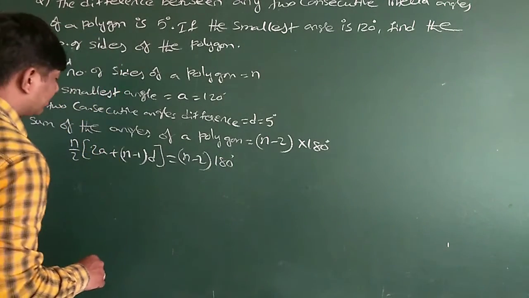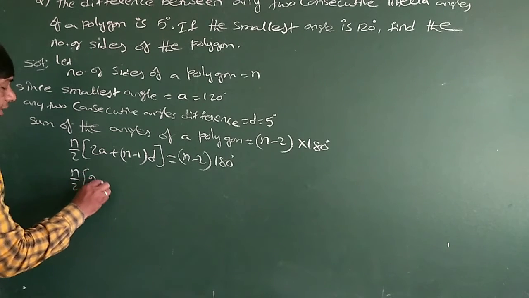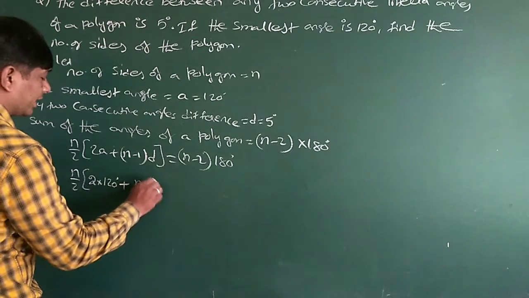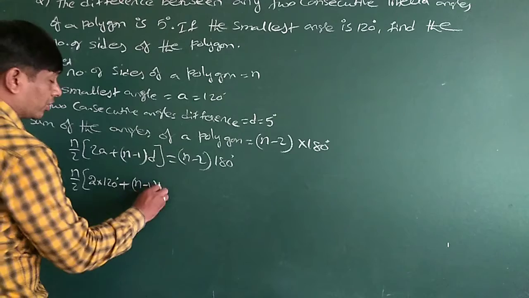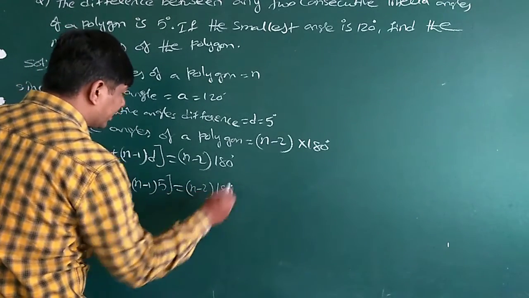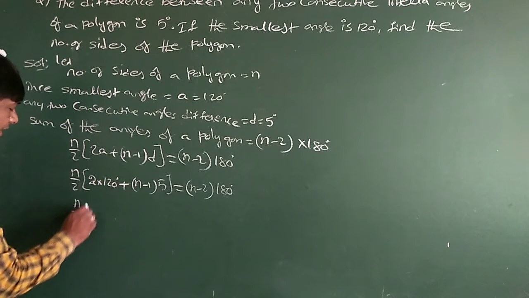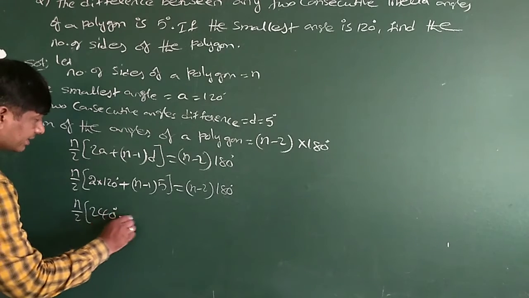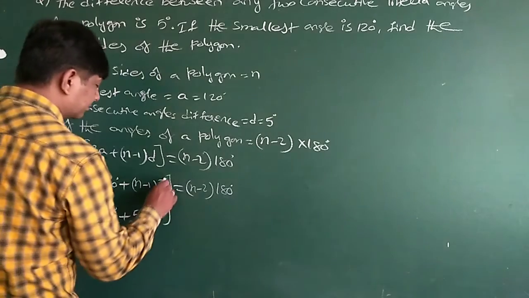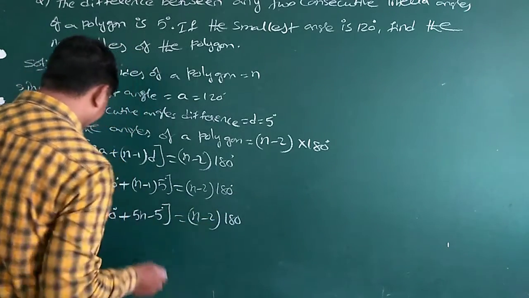Now substitute the values. n by 2 into 2 into 120 degrees plus n minus 1 into 5, is equal to n minus 2 into 180 degrees. Now simplify this. n by 2 into 240 degrees plus 5n minus 5 is equal to n minus 2 into 180 degrees.